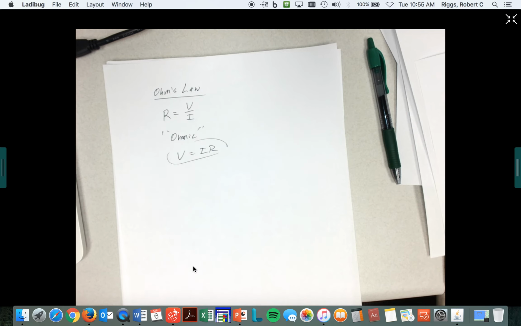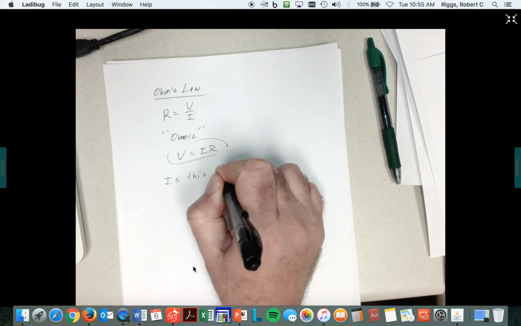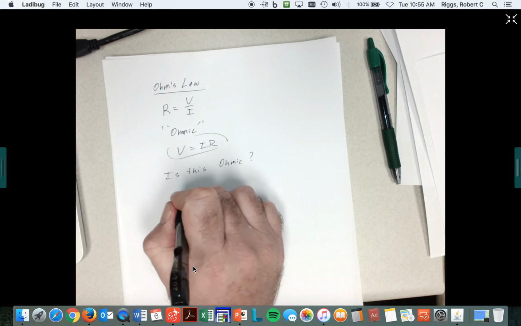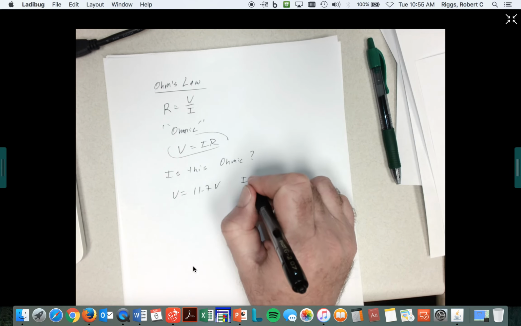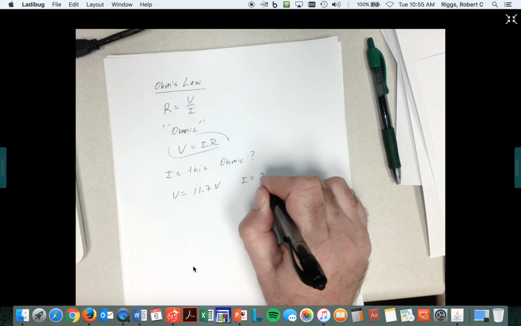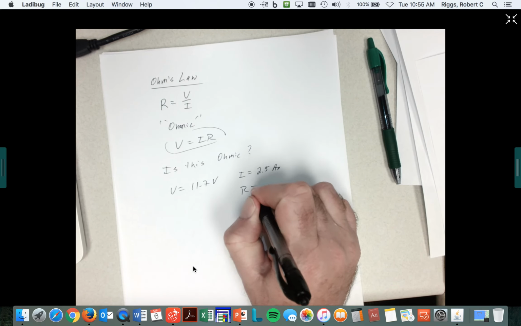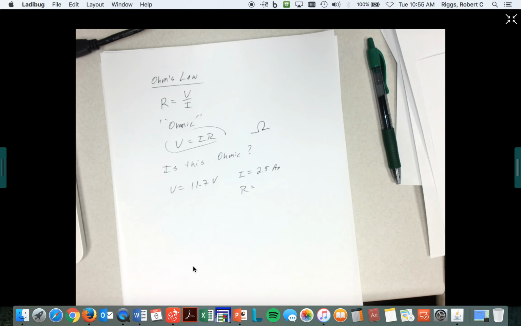Is this ohmic? Let's say I've got V equals 11.7 volts, I is equal to 2.5 amps, and my resistance, which is in ohms, is 5 ohms. I like writing the big omega.